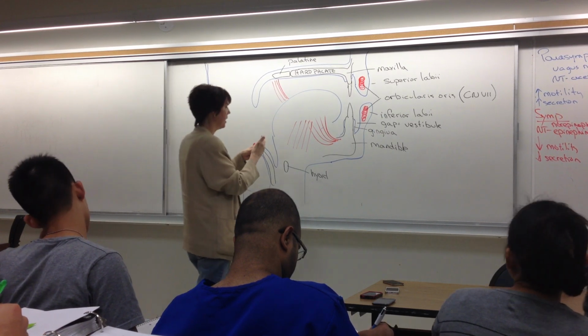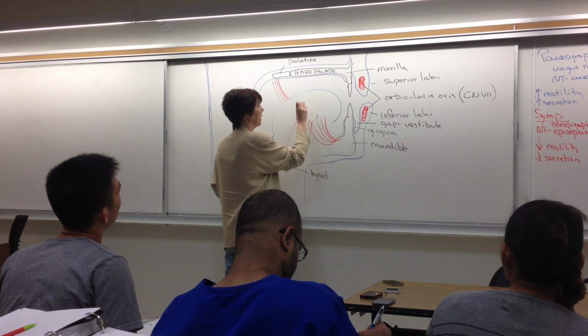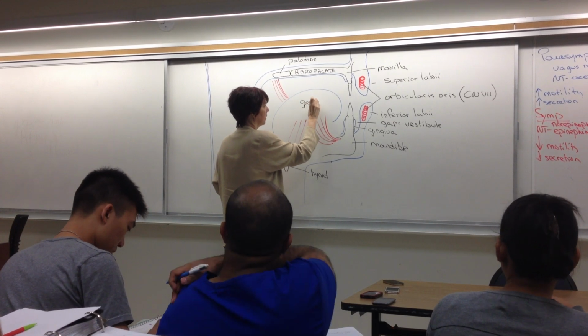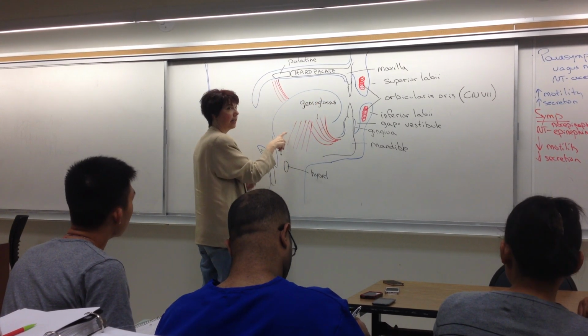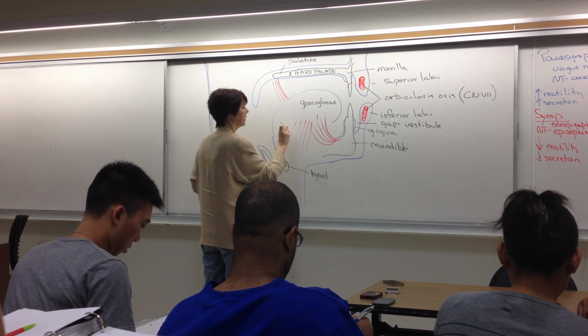Obviously, we have the tongue, and so this muscle would be the genioglossus. And this would be, coming off the hyoid bone, hyoglossus.